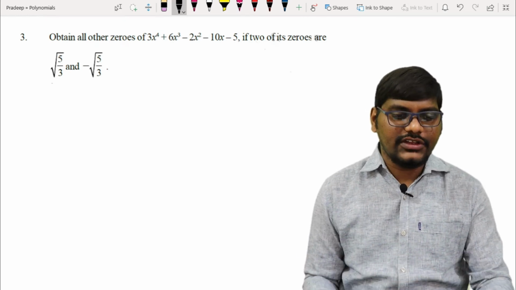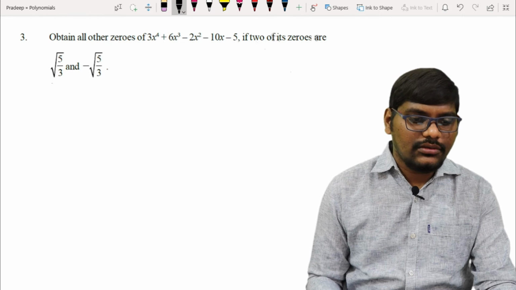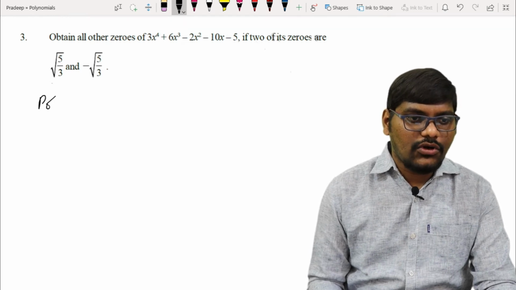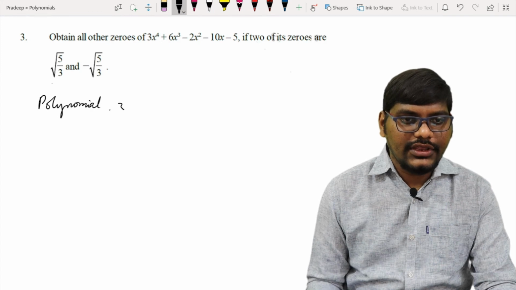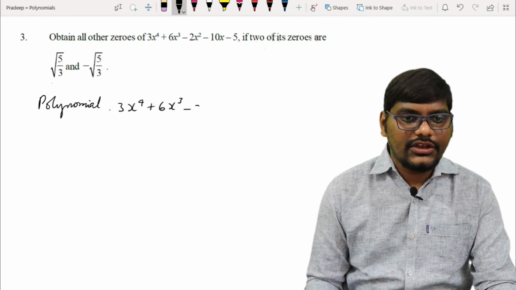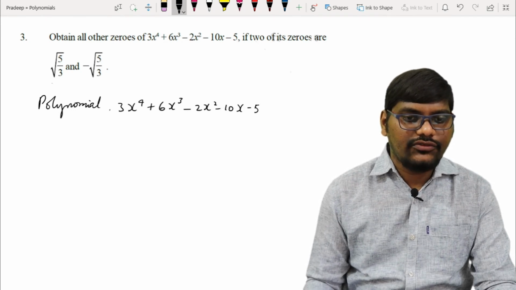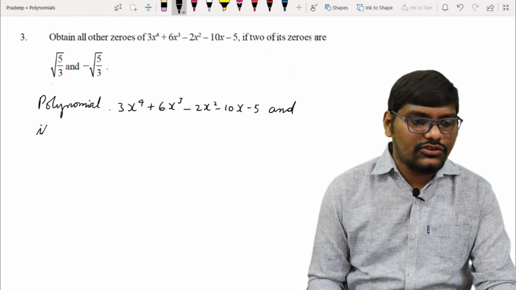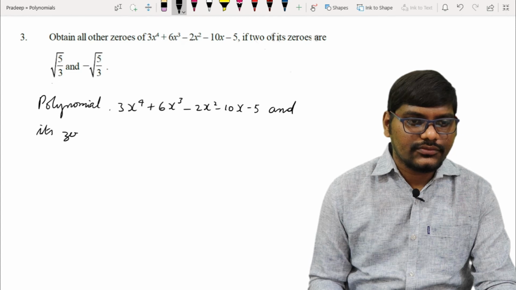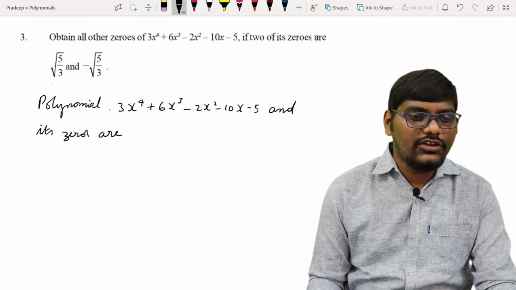Okay, let's see that. We'll write the polynomial given: 3x power 4 plus 6x cube minus 2x square minus 10x minus 5, and its zeros are, what are the values?